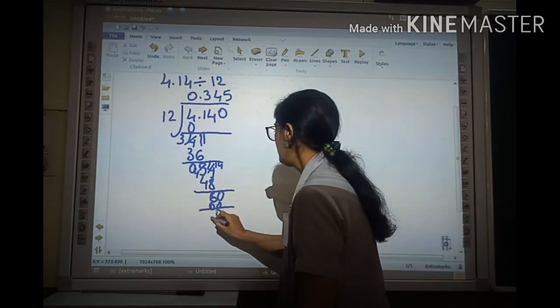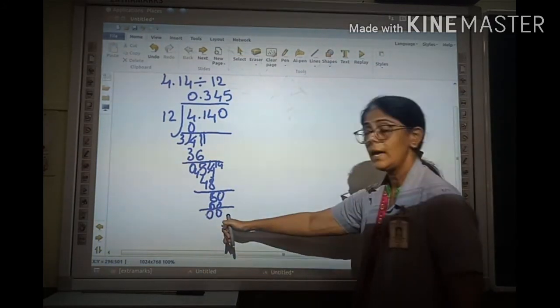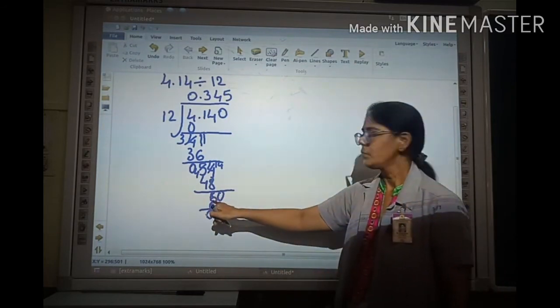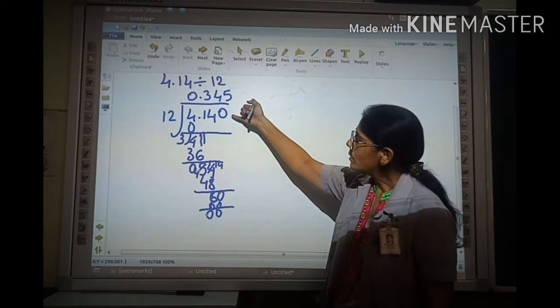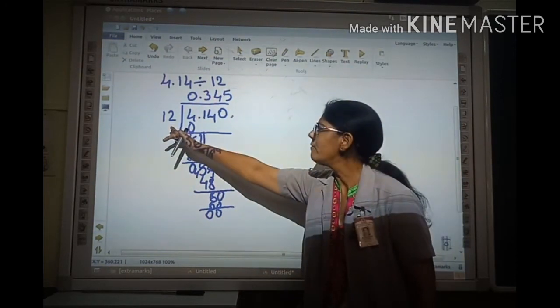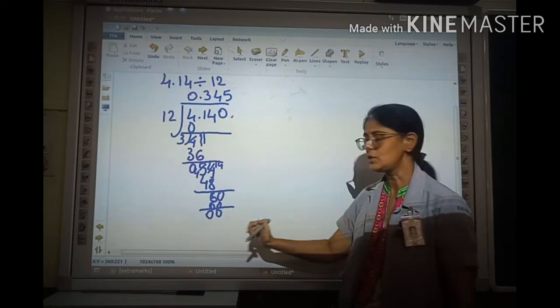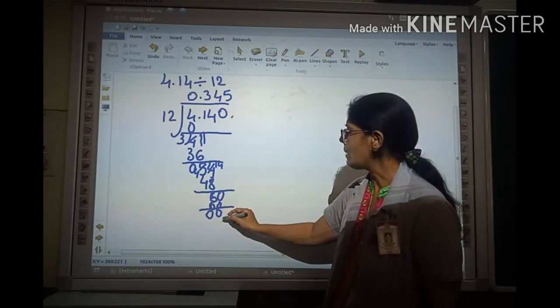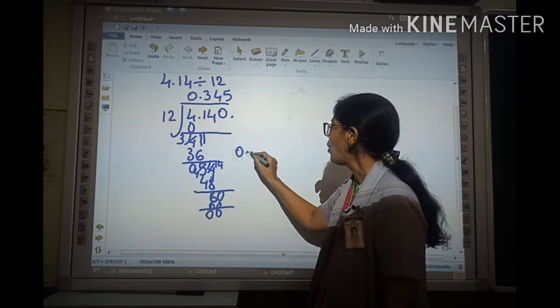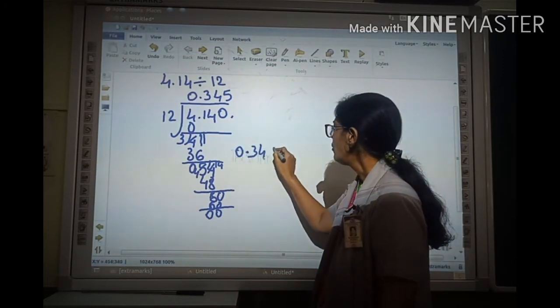60 minus 60 we will get 0. Now there is no remainder. Just now we were having remainder here, right? I have added the extra 0 here, that I have taken down, and then I have divided 12 5s are 60. And if we subtract 60 minus 60, we will get 0. So what is our answer? 0.345.